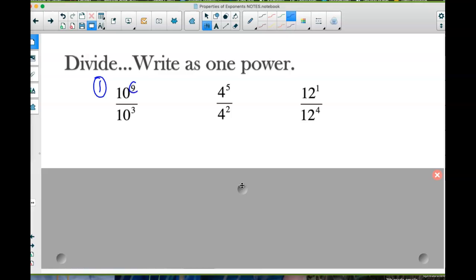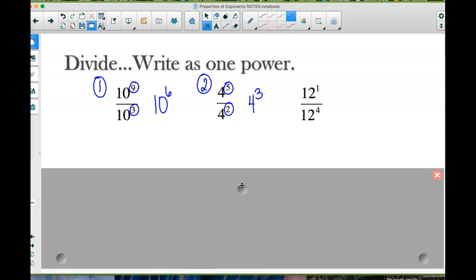You're just doing 9 minus 3, so it's 10 to the 6th power. Okay, how about the second one? 4 to the 5th over 4 to the 2nd. Four to the third power. Good, 4 to the 3rd. Again, the bases were the same, so we're doing 5 minus 2.